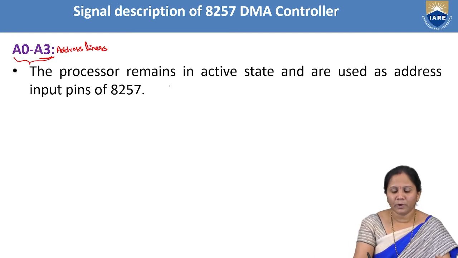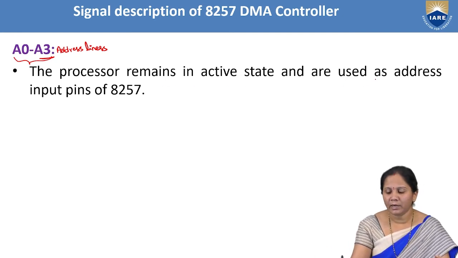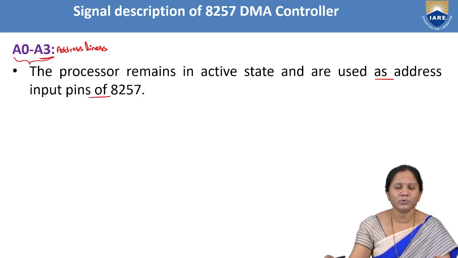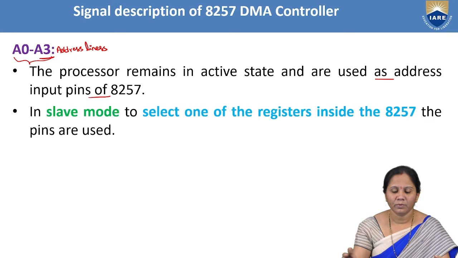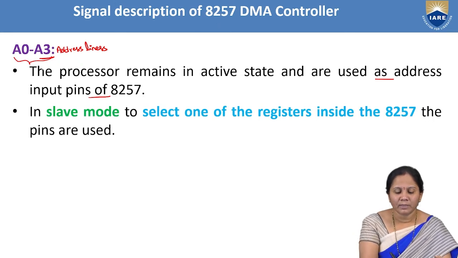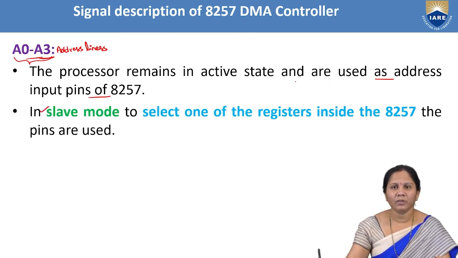When this 8257 DMA controller is operating in the slave mode, these A0 to A3 address lines are used to select one of the registers inside the DMA controller.